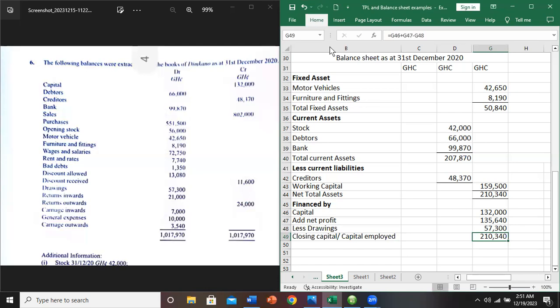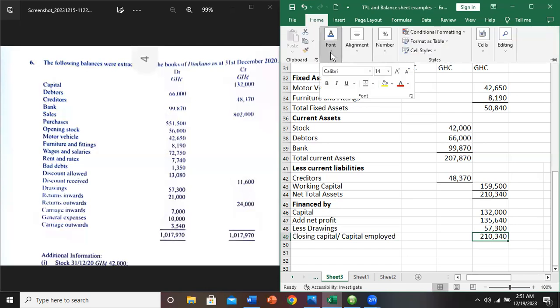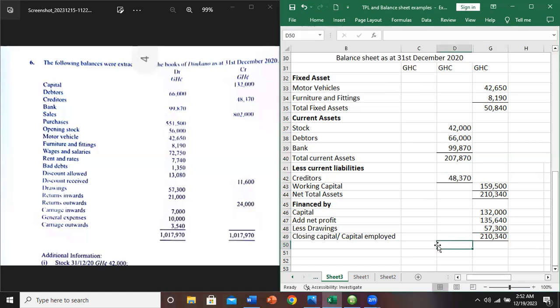And in your balance sheet, those two figures should always be equal. Otherwise, there is a problem. So your net total assets should always be equal to the capital employed. And God being so wonderful, in our case, the two figures are equal. So our balance sheet has balanced. And that is all for the balance sheet as well.